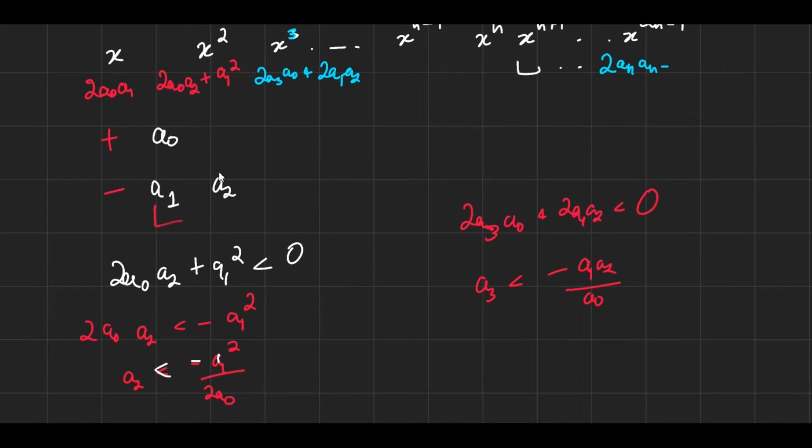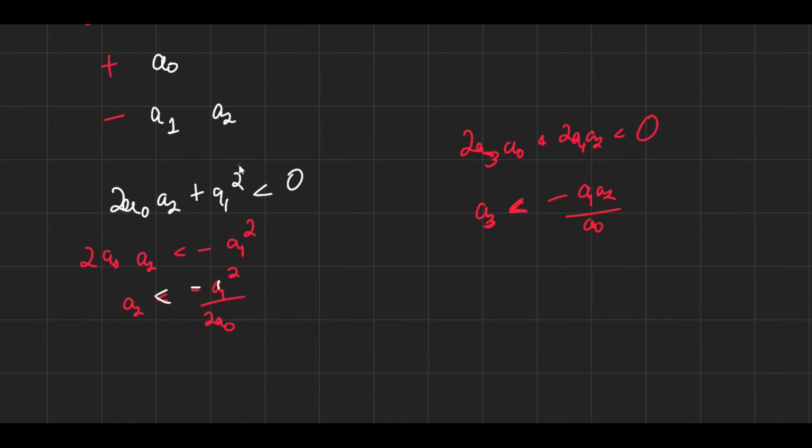Note that a1 and a2 have the same parity, so this is a positive number, and I'm taking the negative of it. So again, this is just saying a3 is less than some negative number. I have all the real numbers in the world to choose from. I can always find something that's less than some fixed negative number. So a3 exists.